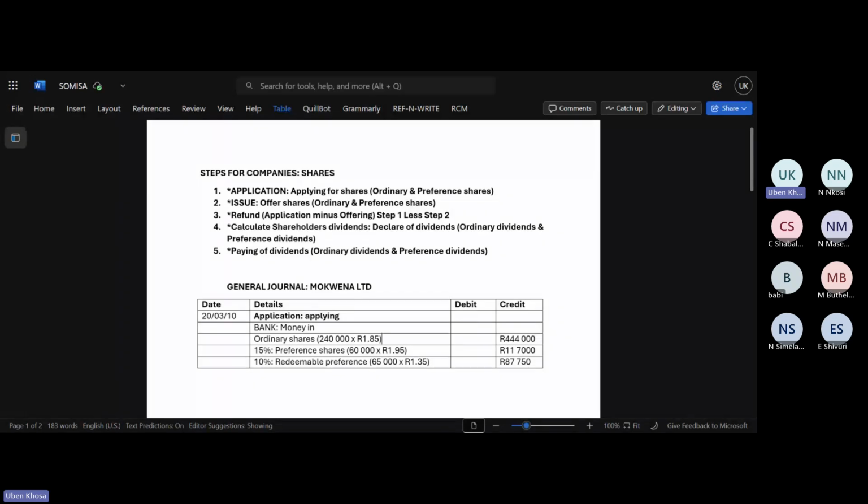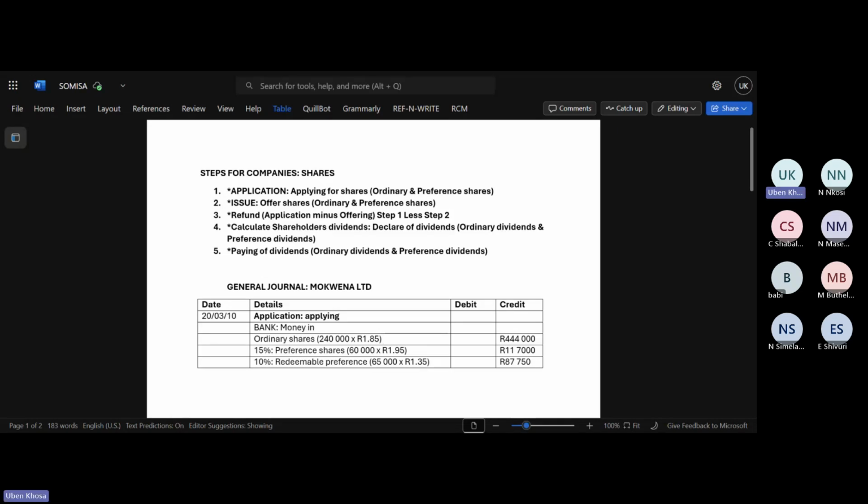For ordinary shares, they applied for 240,000, or I can say for ordinary shares, we received 240,000 applications. For preference shares, we received 60,000 share applications. For redeemable preference shares, they applied for 65,000 shares.